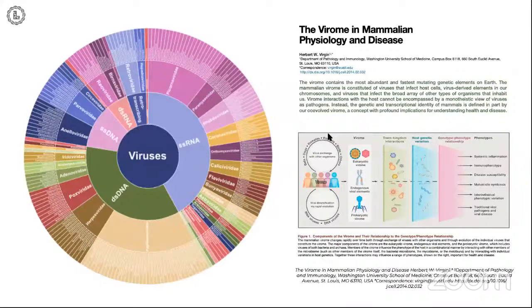Now, more than that, we can also ask questions about other members of this microbiome. For example, the virome, which is a part of the microbiome. For this kind of analysis, we will need a different approach to sequencing. Instead of 16S ribosomal RNA, we would have to sequence all of the genetic material in the sample and then map, instead of to a bacterial database like Silva, to a database of viral sequences.